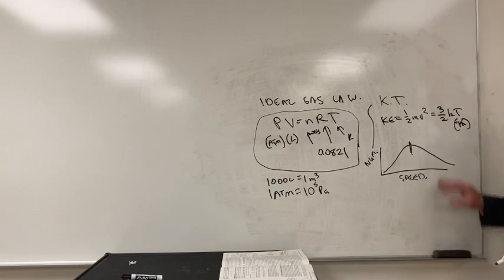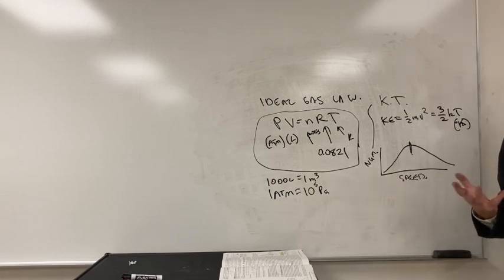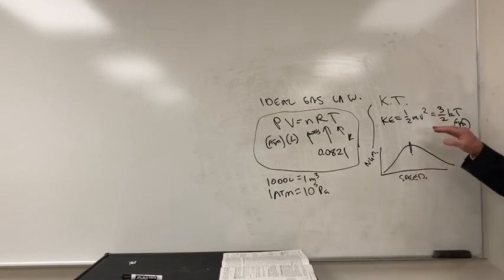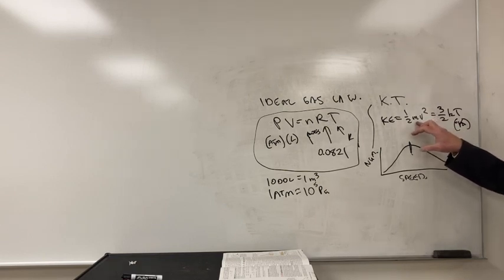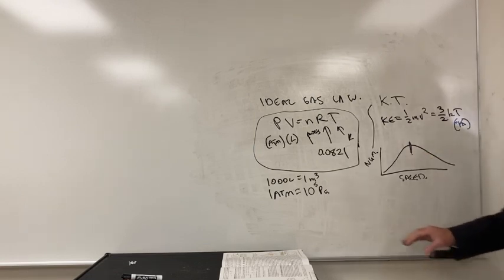And this is independent of the type of gas, whether it's hydrogen, oxygen, or whatever. It's just all of them have the same temperature, but obviously a light molecule is going to go faster because it's a temperature, so it depends on the actual speed, depends on the mass of the molecule.